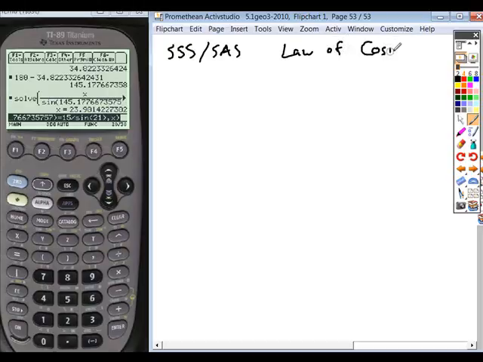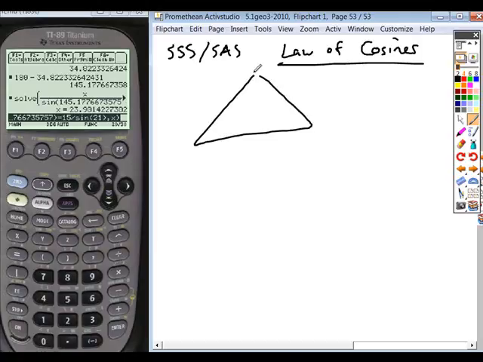The law of cosines, again, works for oblique triangles, given patterns of SSS and SAS as far as the information that's provided. What the law of cosines states is, in any triangle with sides opposite the angles, you can make the statement that c squared, this one side squared, is equal to the sum of the squares of the other two sides.